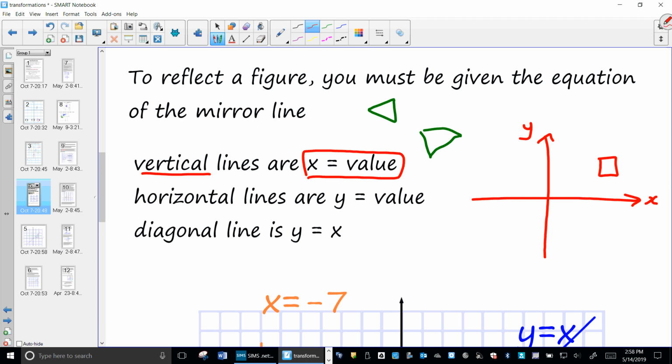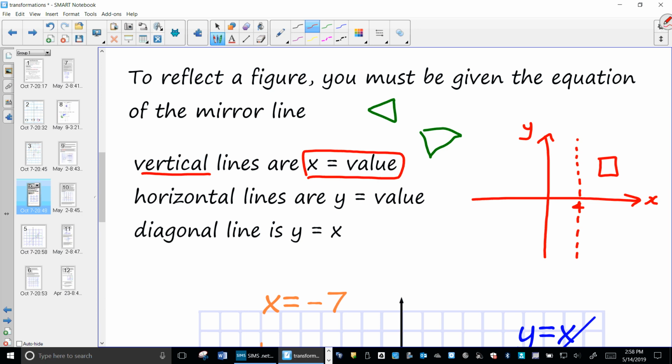That's all they've given you on your diagram. You have to know where the line x equals 4 is. The line x equals 4 would be a vertical line going through the value 4. So it's not super crazy hard. You just have to remember if it's vertical or horizontal.